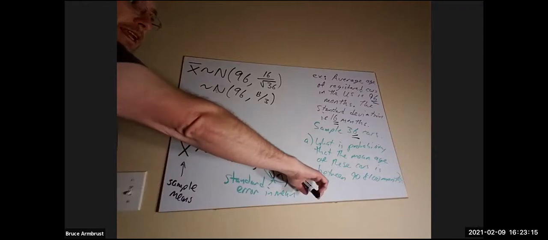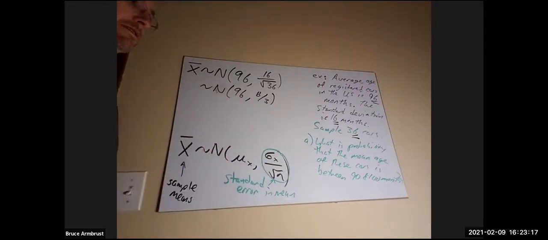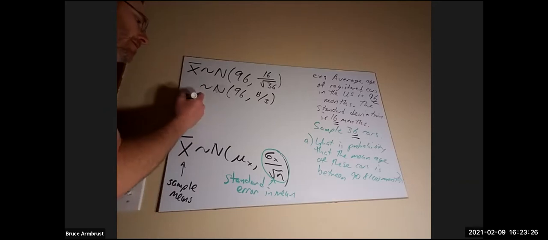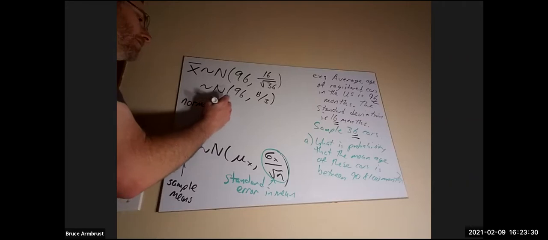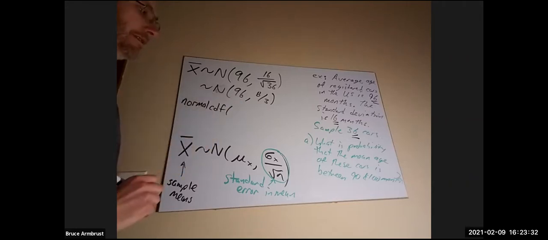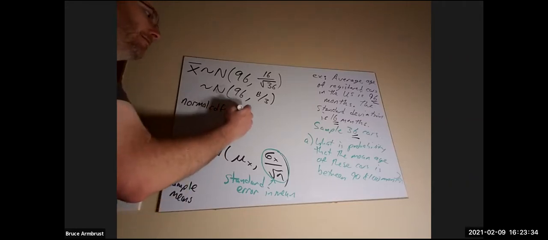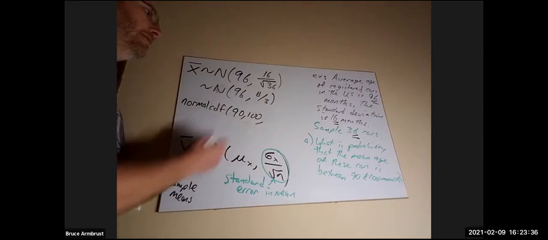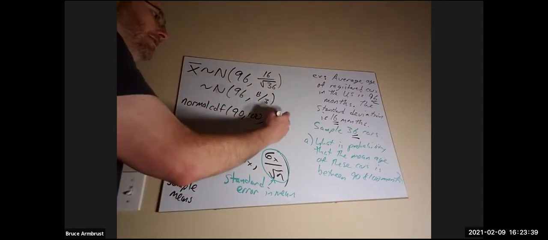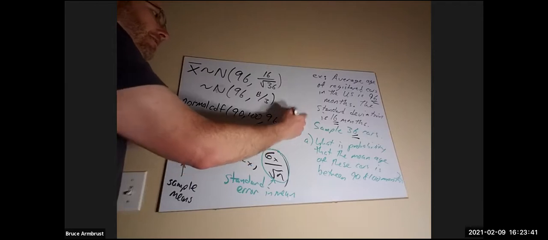So let's see what we're going to do to answer this question. We want the probability that the mean age of this sample is between 90 and 100. So we're going to do a normal CDF from 90 to 100 with this mean and standard deviation.